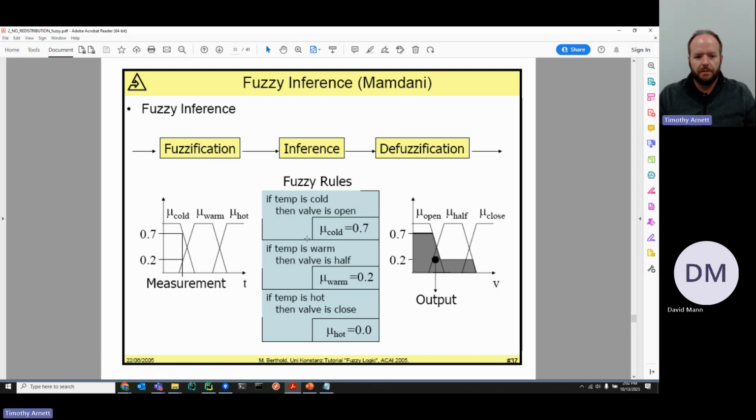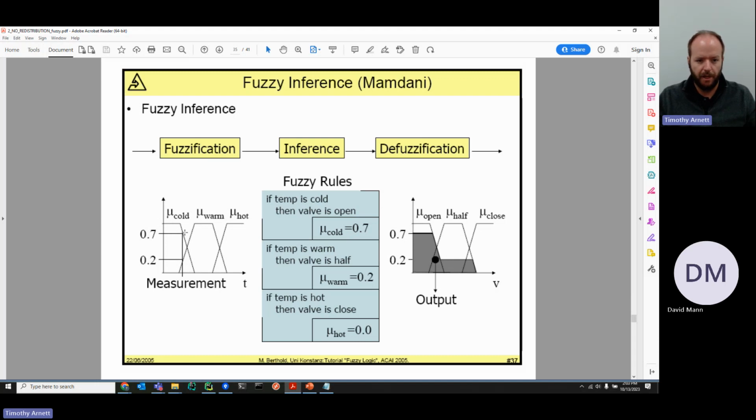This is another representation of what we just saw, and this is going back to the temperature example where we say, well, we have this measurement come in right here for temperature, and that temperature has membership in the cold set of 0.7 and membership in warm of 0.2.